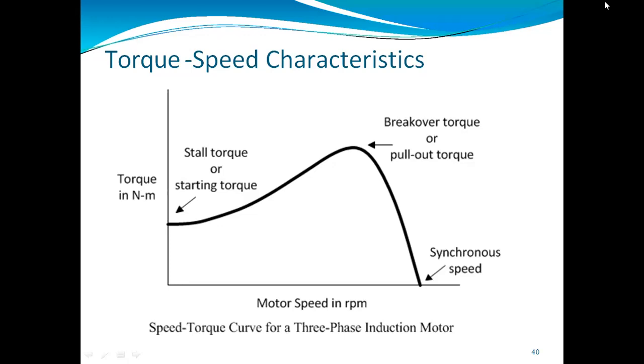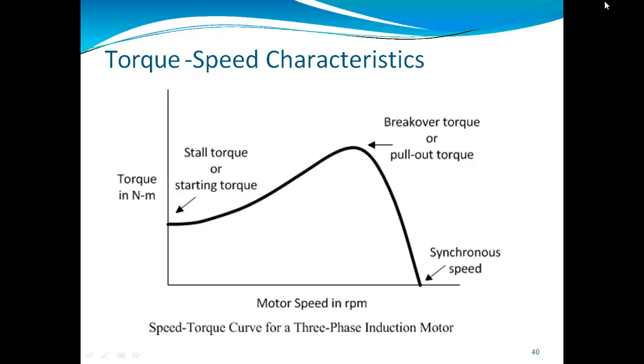Then we saw that if we have the values of Ns and N, we can calculate the slip, because we have the mathematical formula for slip, s equal to Ns minus N upon Ns. If at start the rotor speed is equal to 0, meaning capital N equal to 0, then what will our equation become?